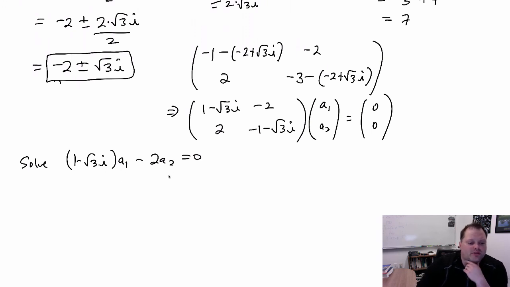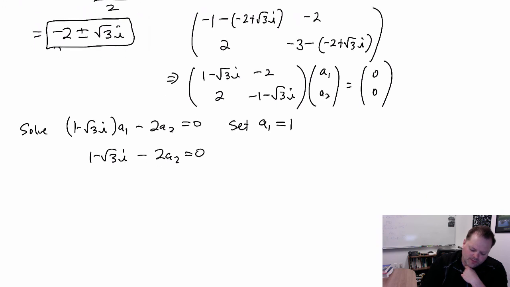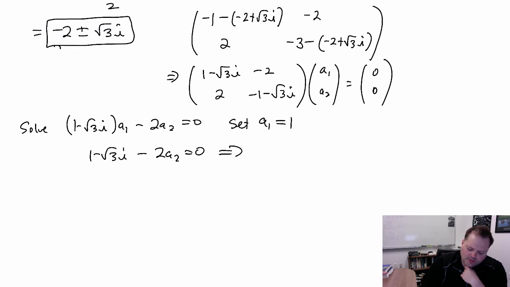So I need to solve this, and just like previously, I'm going to set a1 to be 1. So if I do that, I've got 1 minus root 3i minus 2a2 is 0. So I've got 1 minus root 3i divided by 2 is a2.